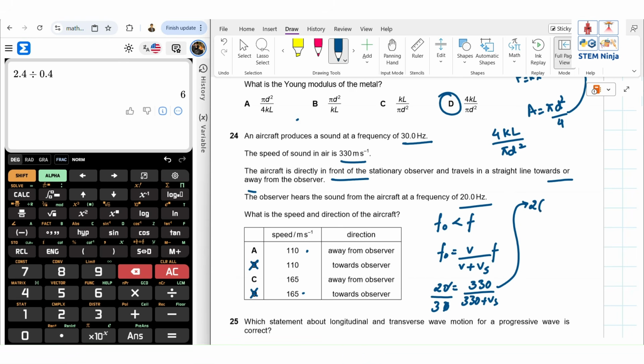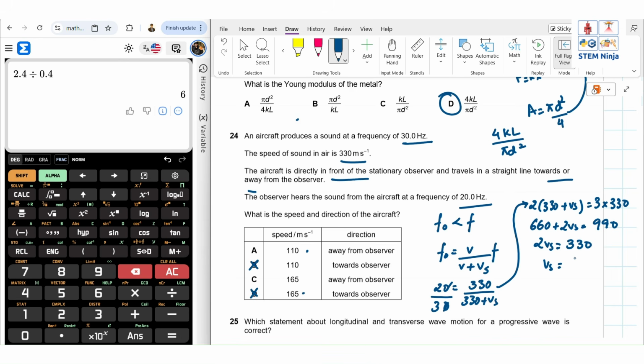So 2 times 330 plus Vs equals 3 times 330. So 2 times 330 is 660 plus 2 Vs equals 990. So 2 Vs is equal to 990 minus 660, which is just 330.